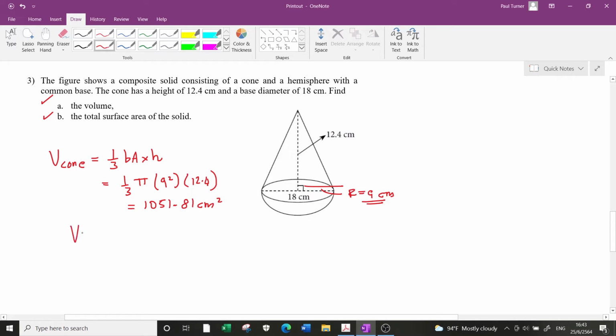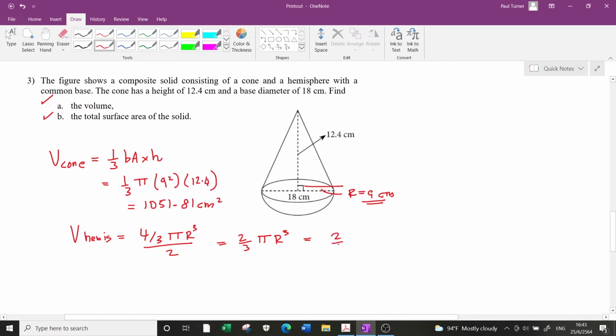Now for the volume of the hemisphere, remember it is half of a sphere. The sphere is 4/3 pi r cubed. Divide that by 2, and you'll get 2/3 pi r cubed as your formula you can use.